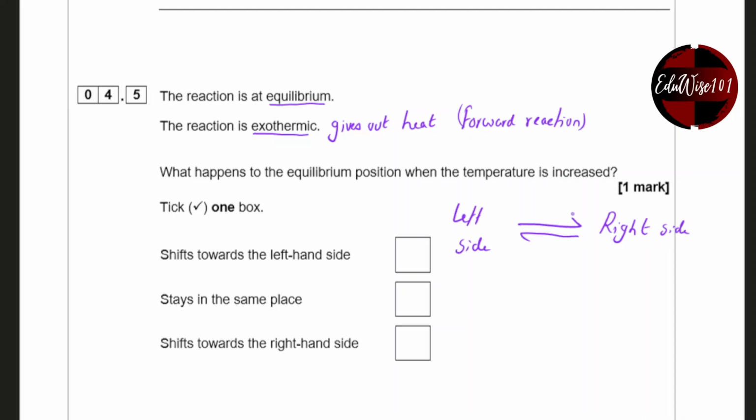So going forward is exothermic and going back is endothermic. It'll try and shift to the left hand side. So when the temperature is increased, it will favor the endothermic reaction, which is towards the left hand side. So the answer is number 1.